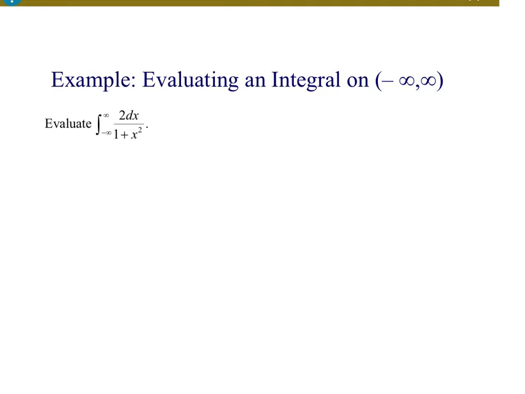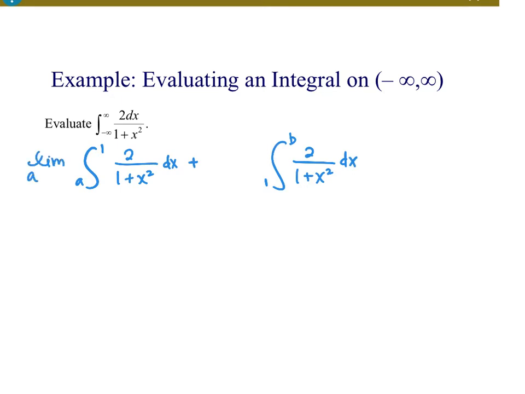So I'm going to set up my integrals to go from a to 1 of 2 over 1 plus x squared dx, and then a second integral going from 1 to b of 2 over 1 plus x squared dx, where the limit as a approaches negative infinity and the limit as b approaches positive infinity.